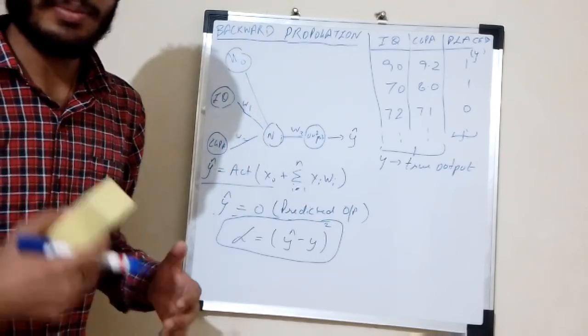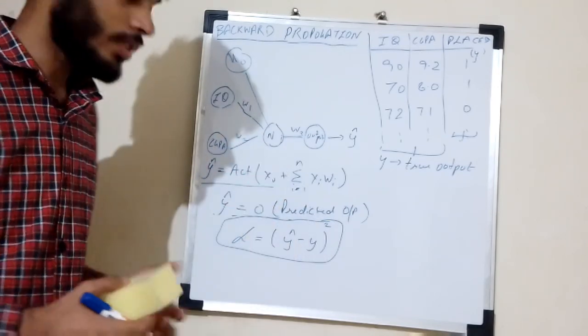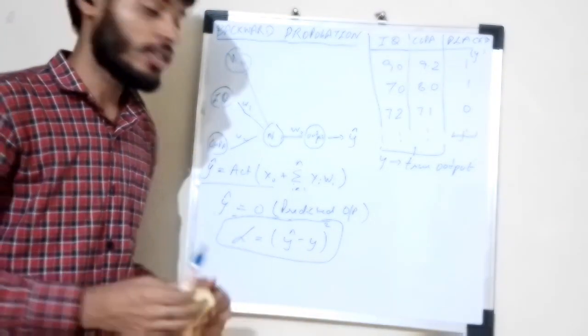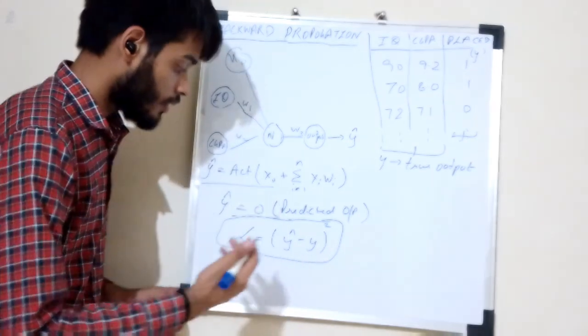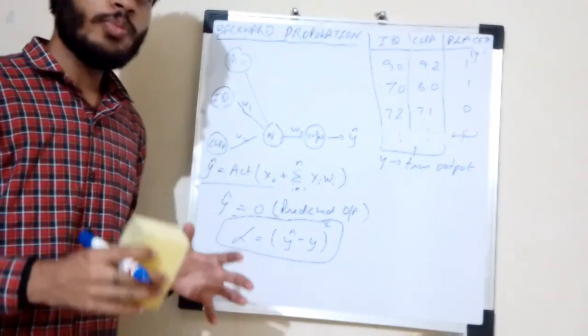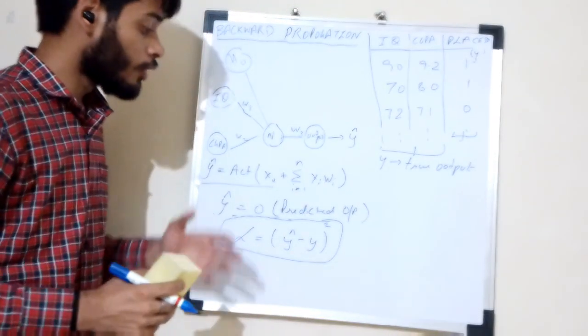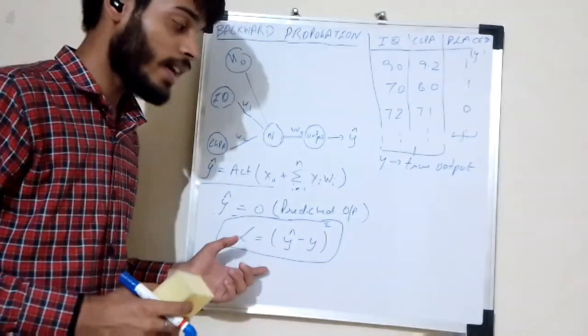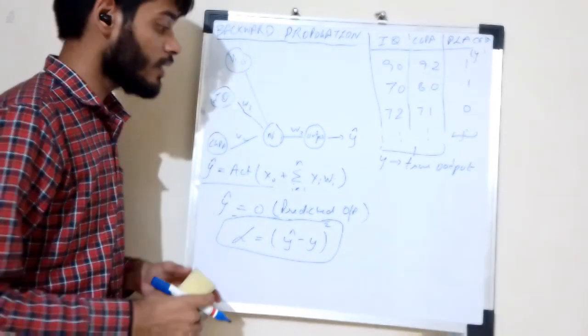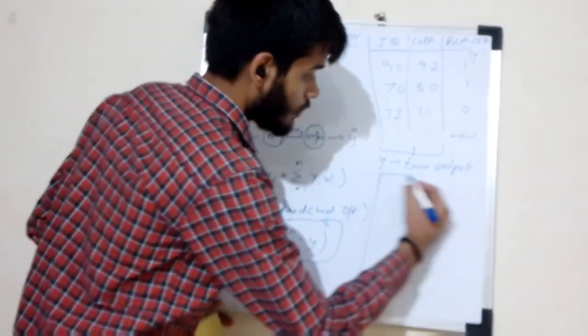The square is there because I want a positive value. The aim of backward propagation is to reduce this error. For reducing this loss, which is known as the loss function, we have something known as optimizers.